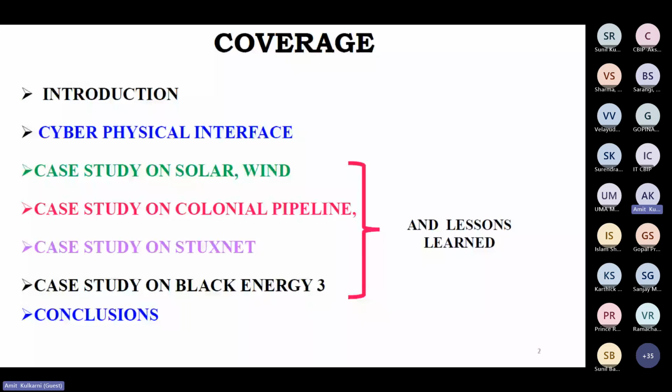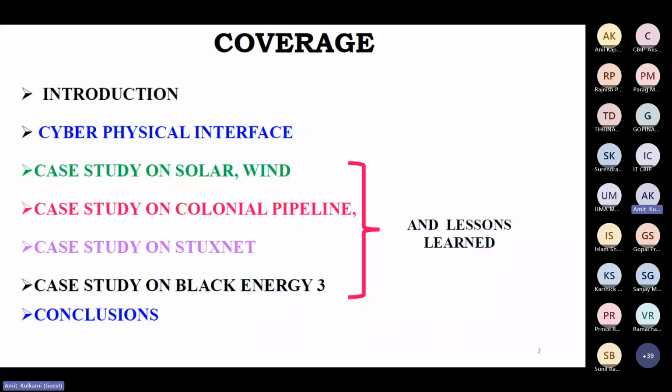The reason was that merely talking about cyber things without the physical systems, for which we as power system engineers are trying to know the repercussions of cyber attacks and cyber security aspects, is not enough. It's important first to know what this cyber physical interface is. They accepted my request and suggestion and allowed me to include it. So first we'll discuss that.